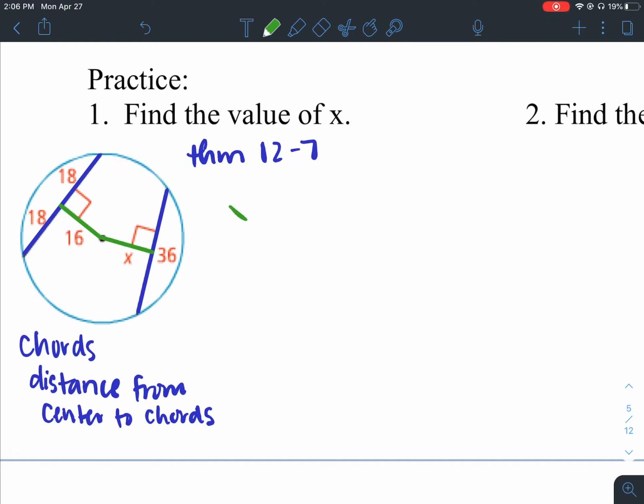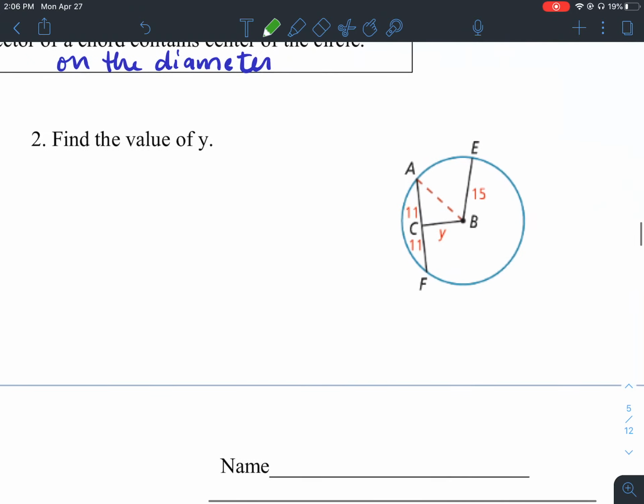So that implies x equals 16. And we're done. There is no algebra problem to solve. We will have some later, but x equals 16. We're done.